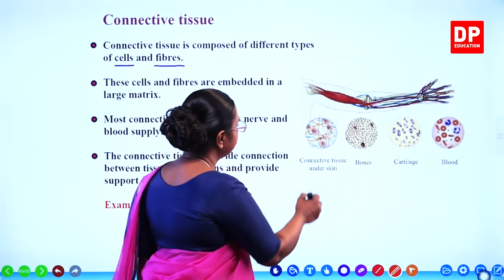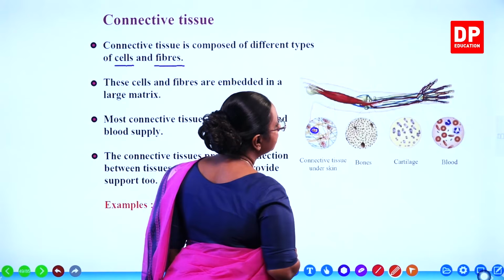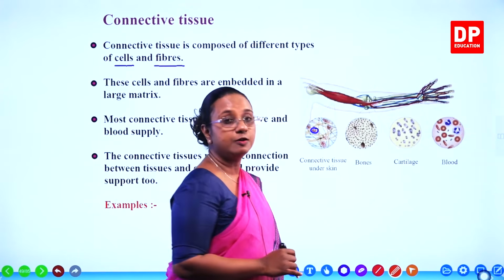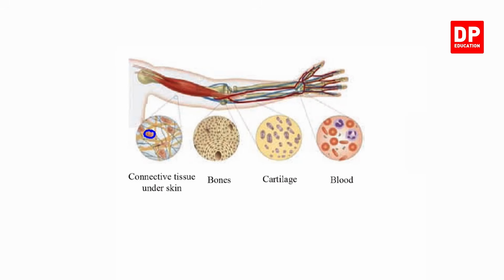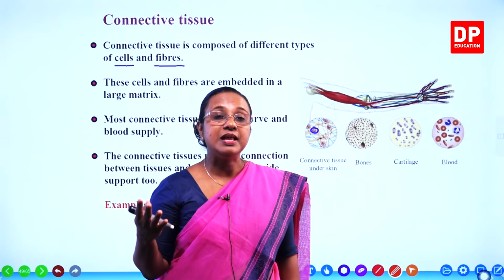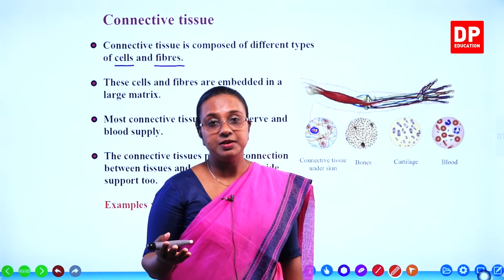Here you can see the cells. These are the cells and the fibers. Even in these you can see cells and fibers. In the cartilage also you can see the cells and fibers, especially the blood tissue which you are familiar with. That also contains many different types of cells and also fibers.